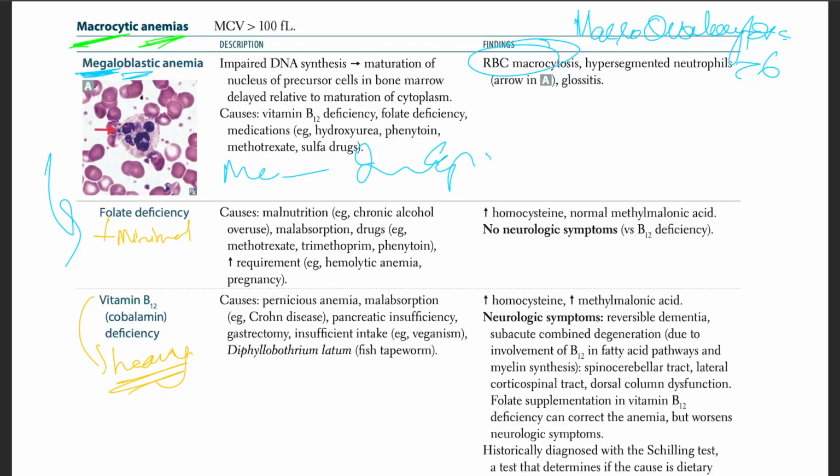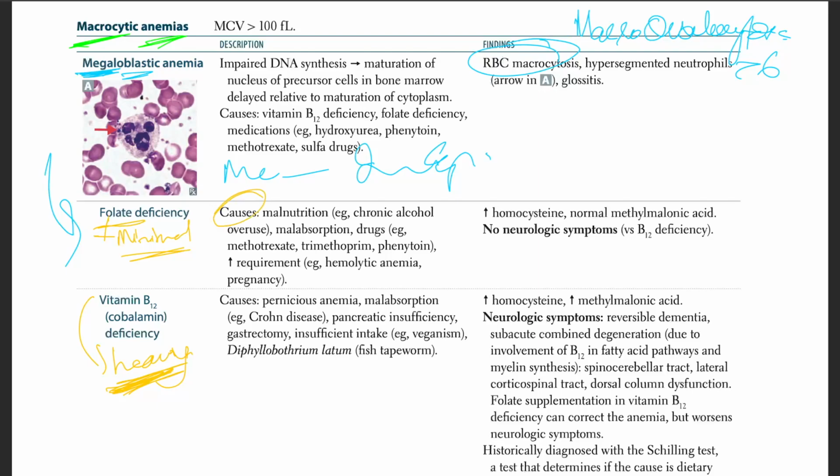So if you have minimal levels of folate stored in the body and you don't take a lot of folate, you are going to go into folate deficiency. On the other hand, you have heavy storage of B12, so it's going to take some time for you to have a vitamin B12 deficiency relative to folate deficiency. I hope the point is clear.